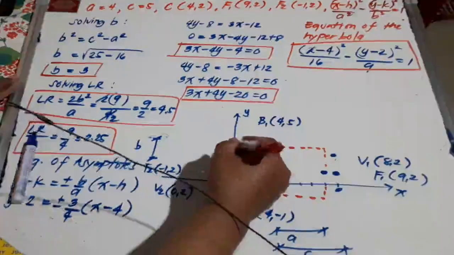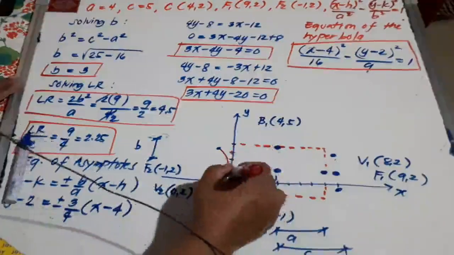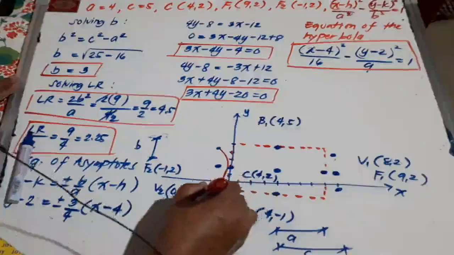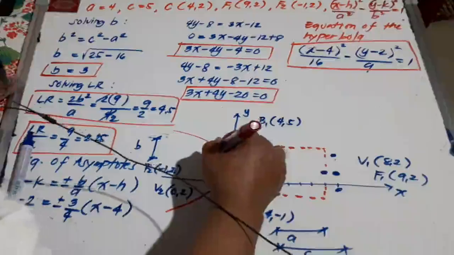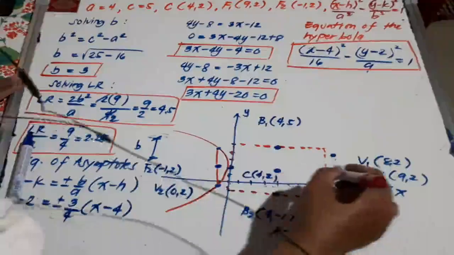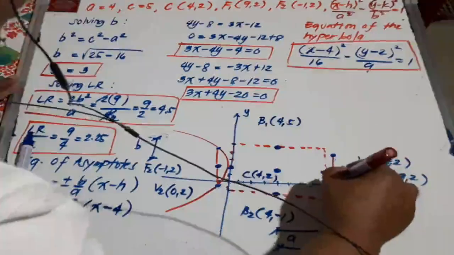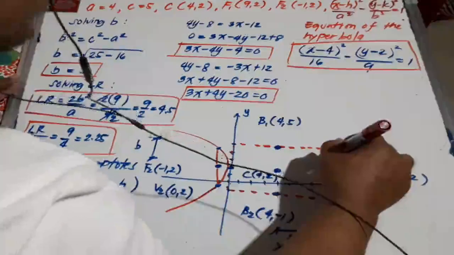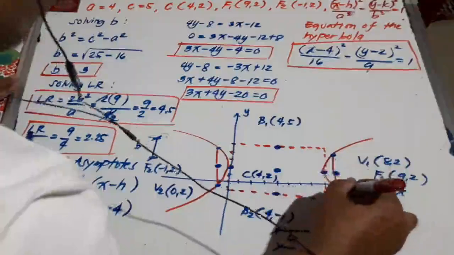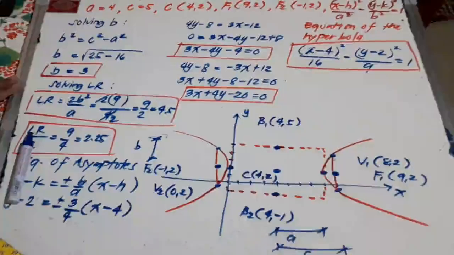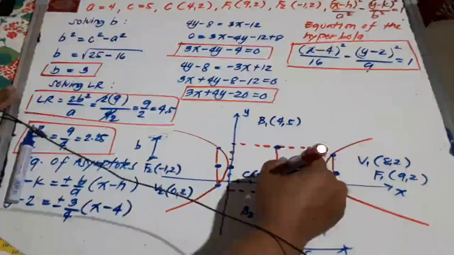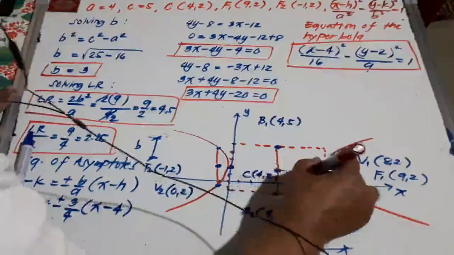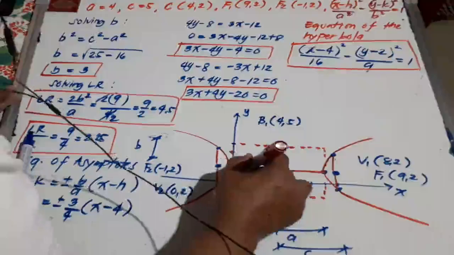So, nandito yung ating hyperbola. Ito yung ating lateral recta. And then, ito yung ating conjugate axis. Yung ating transverse axis.